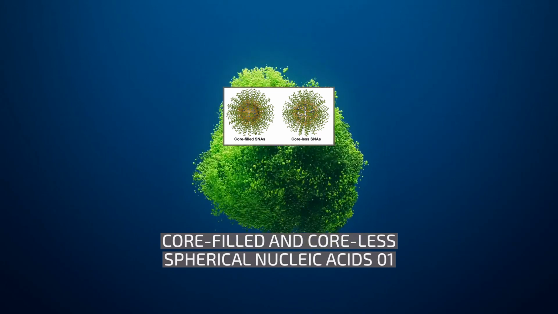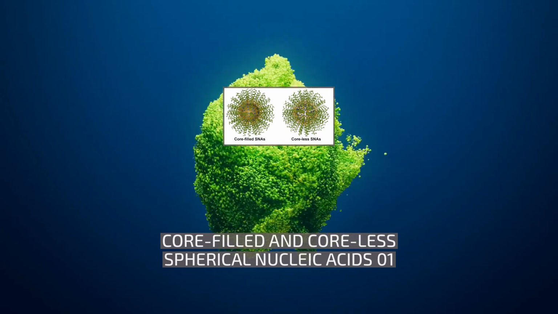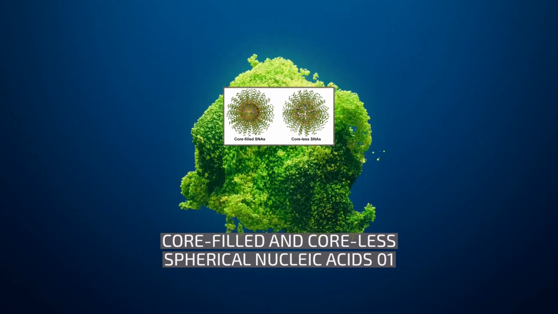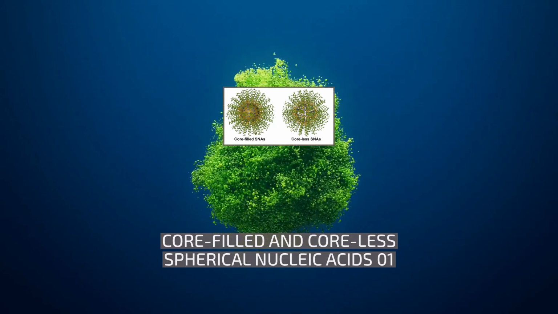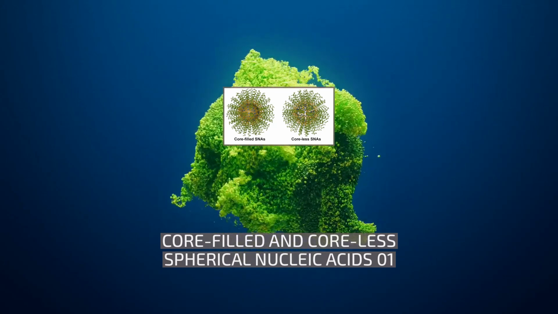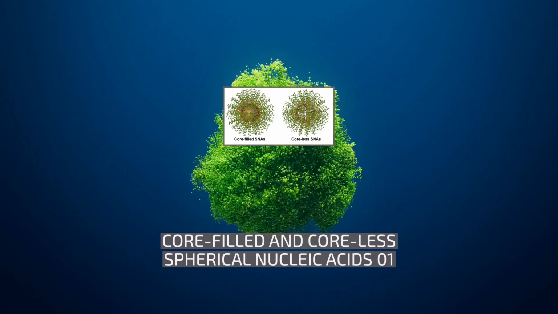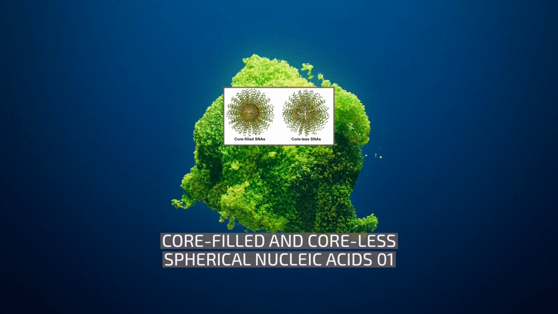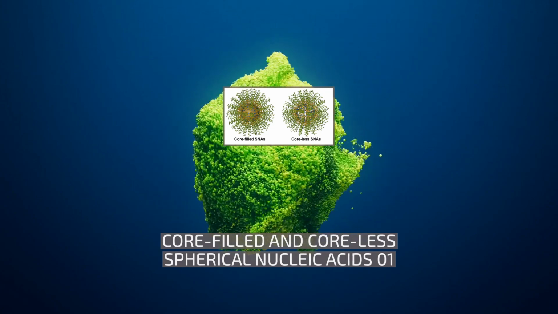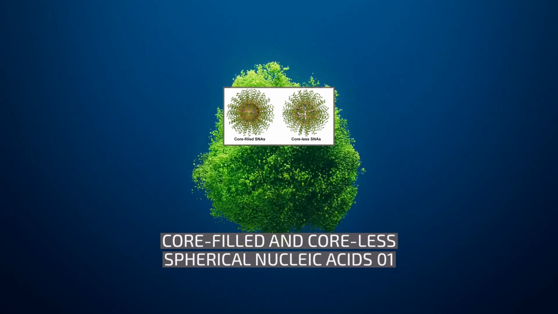Other core materials with increased biocompatibility, such as FDA-approved PLGA polymer nanoparticles, micelles, liposomes, and proteins have also been used to prepare SNAs. Single-stranded and double-stranded versions of these materials have been created using, for example, DNA, LNA, and RNA.